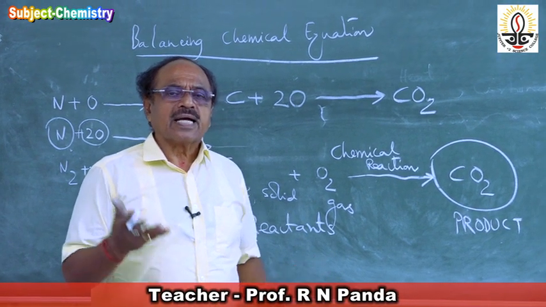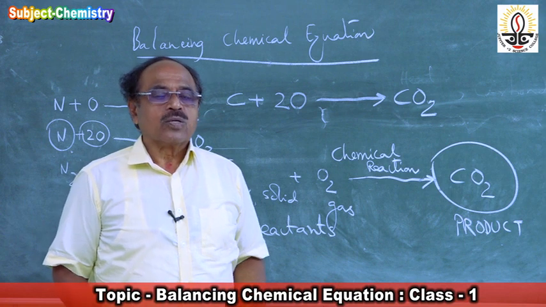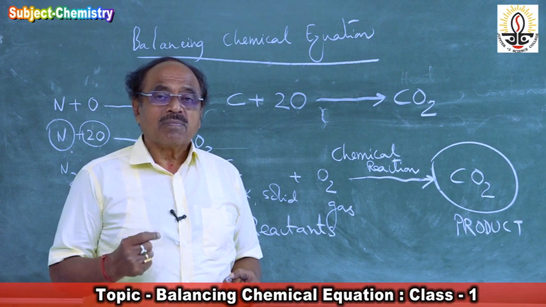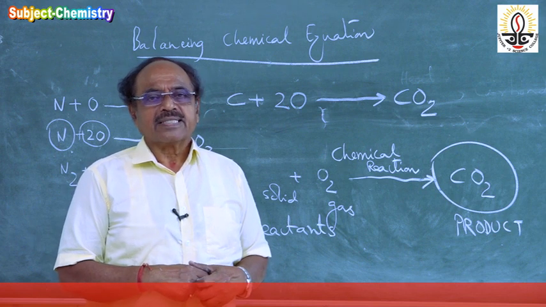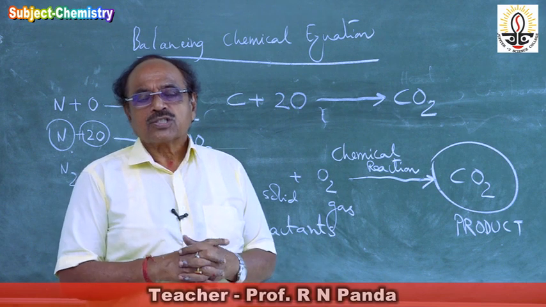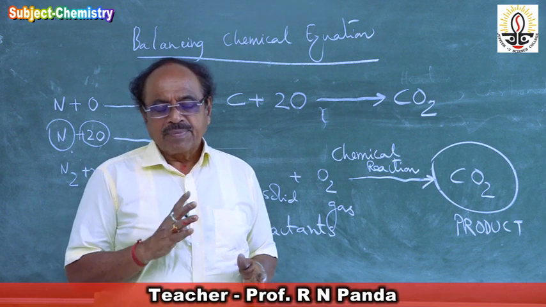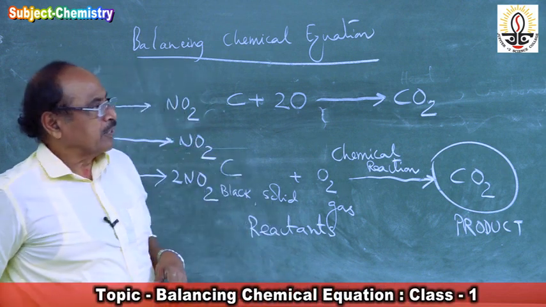Then everybody will say that he is a good teacher, and I am a balanced one. So that is called a balanced thing. Everything, you have to have a balanced personality, people say. So exactly, a chemical reaction is always represented by a balanced chemical equation.